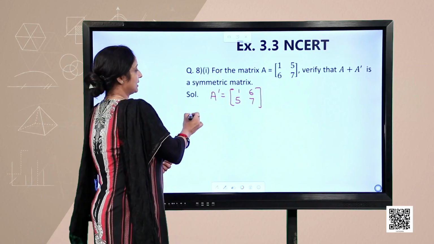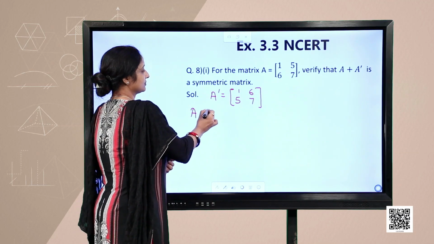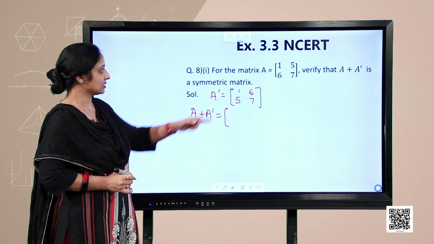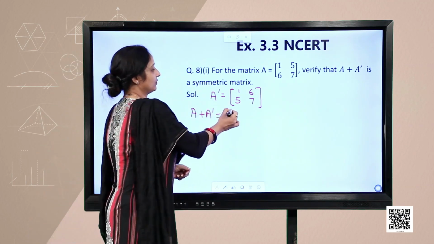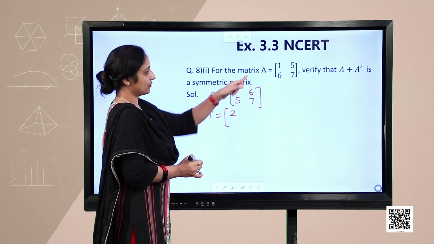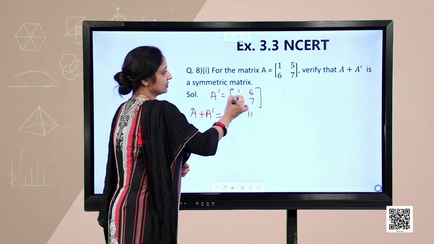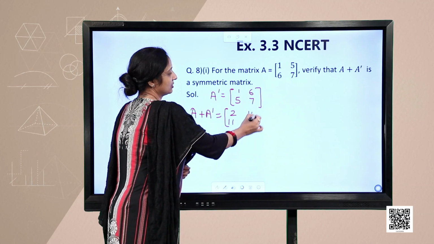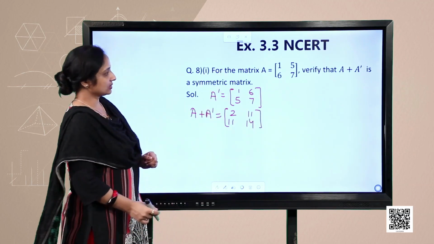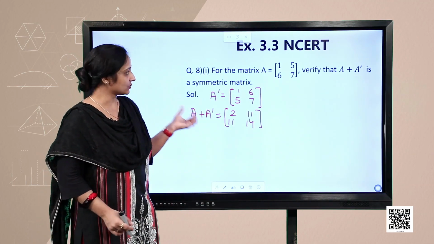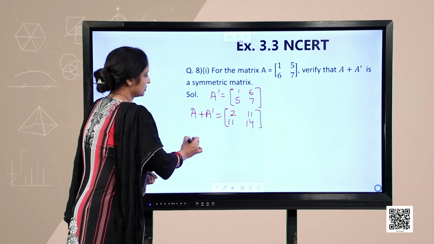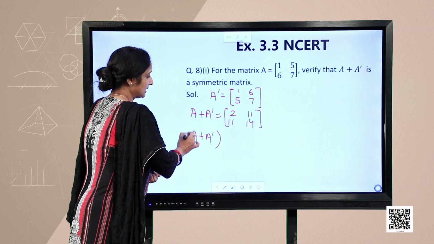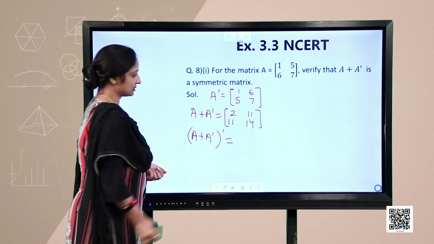Then take A plus A transpose, add their corresponding elements, 1 plus 1 will give you 2, 5 plus 6 will give you 11, 6 plus 5 is 11, 7 plus 7 is 14. You are supposed to prove that A plus A transpose is a symmetric matrix. So, take its transpose, that means take the transpose of A plus A transpose.